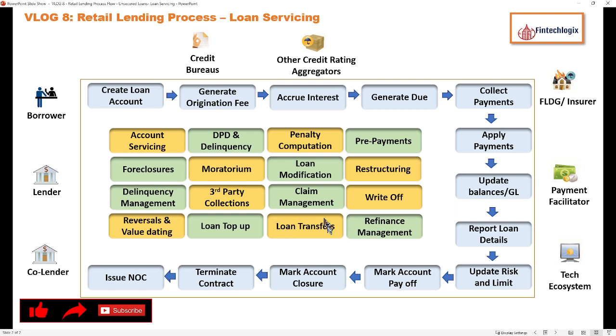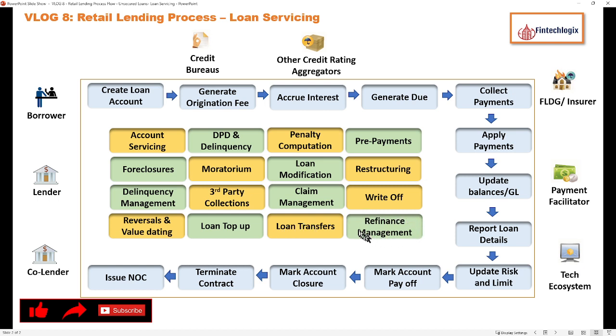Loan transfer is where the loan is transferred between two lenders. Normally the borrowers should know about the transfer of the lender, so communications are made, and arrangements are made to move the loan from one book to another. So those come under loan transfers.